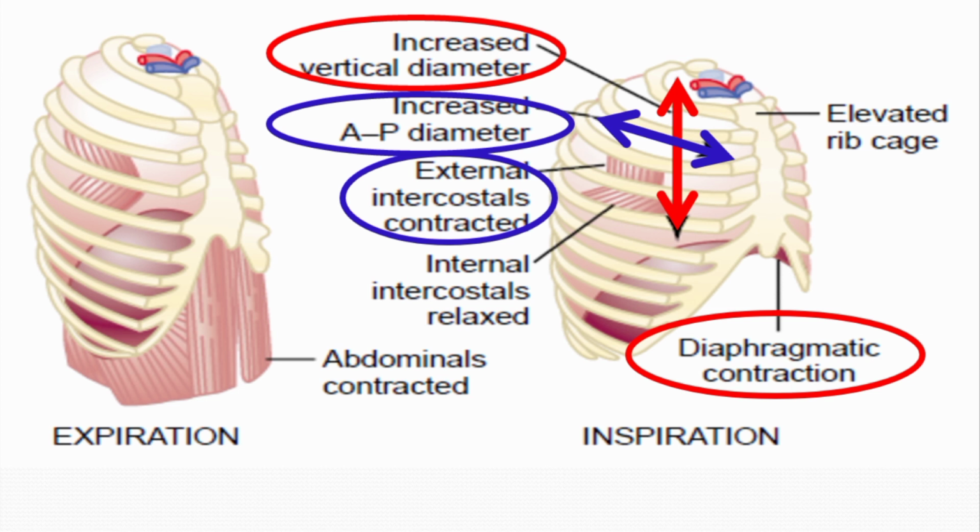I am repeating again the sequence of events. First of all, the diaphragm and external intercostal muscles contract. Due to that, the volume of the chest cavity increases. Due to that, the pleural pressure becomes more negative. When the pleural pressure becomes more negative, it causes more suction effect and the lungs expand.